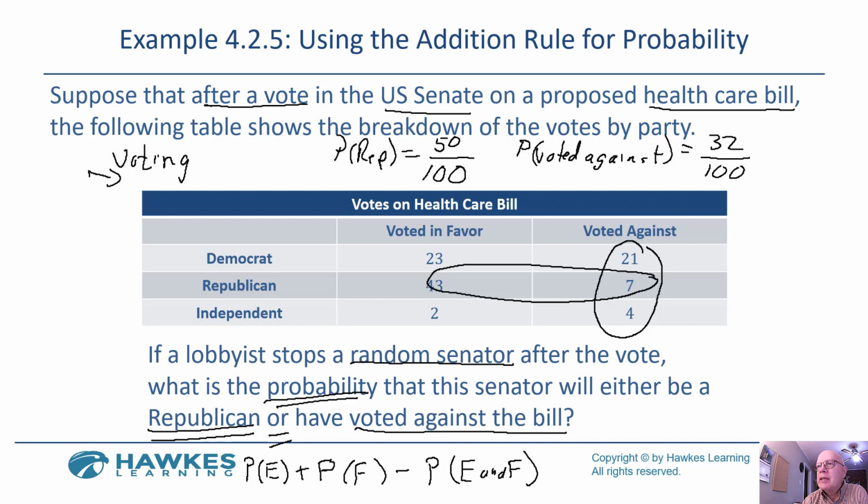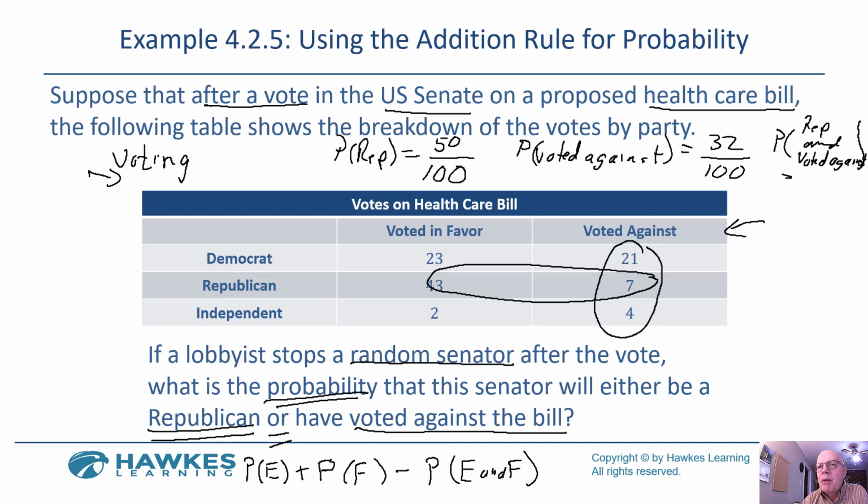We also need the probability that someone is in both those categories, Republican and voted against. Well, what's that? If we look back here at our table, how many Republicans voted against?